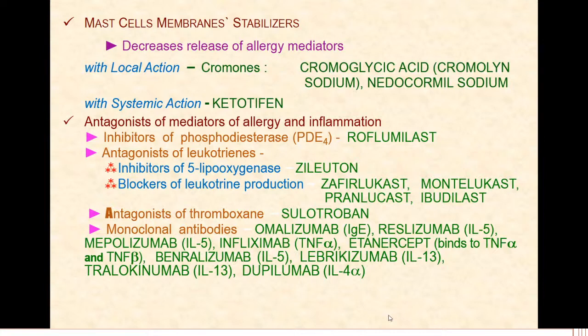We also use monoclonal antibodies to different cytokines: interleukin 5, reslizumab, mepolizumab; tumor necrosis factor alpha, infliximab; tumor necrosis factor alpha and beta, etanercept; interleukin 13, lebrikizumab, tralokinumab; and interleukin 4 alpha, dupilumab.